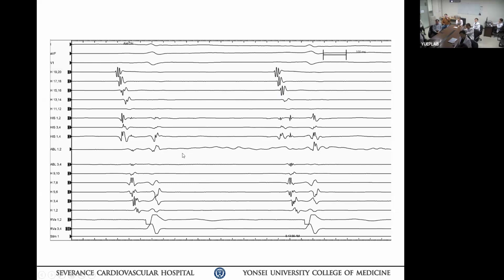The thing that we were curious about was that the His catheter is anatomically in the His area, as we typically think, and the ablation catheter is at the typical space.